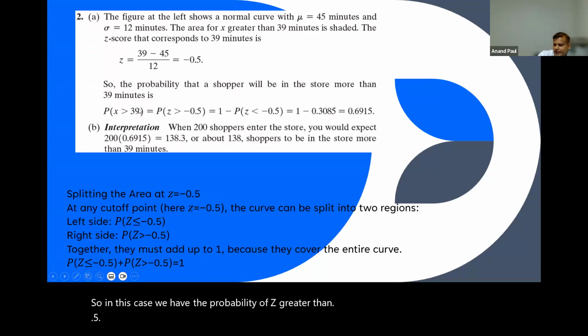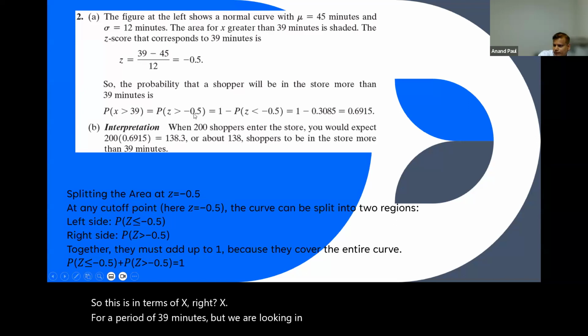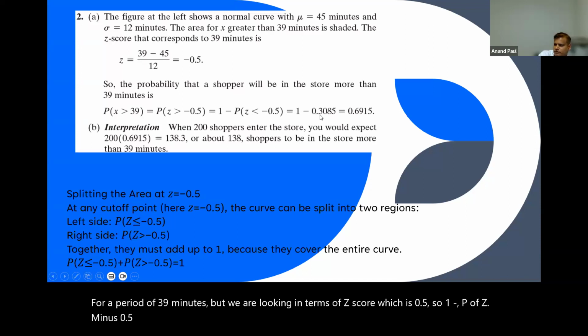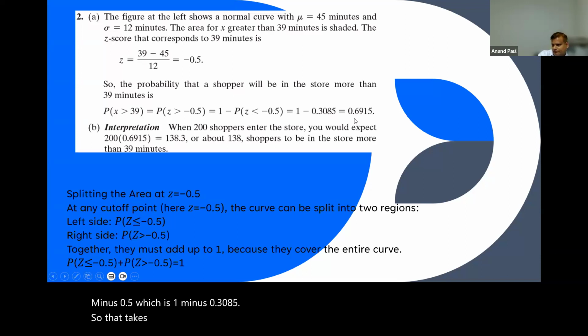So this is in terms of X, right? X for a period of 39 minutes. But we are looking in terms of z-score, which is 0.5. So 1 minus P of Z less than minus 0.5, which is 1 minus 0.3085. So that takes us to 0.695.